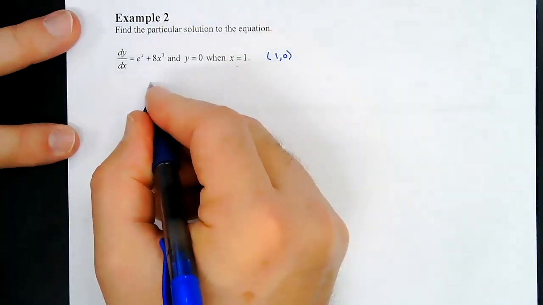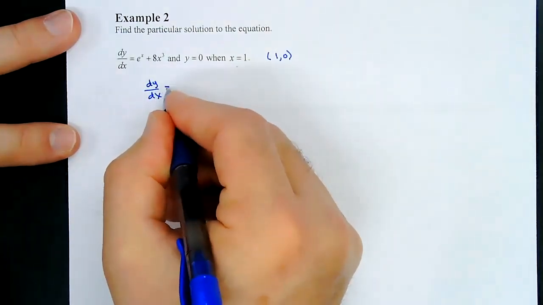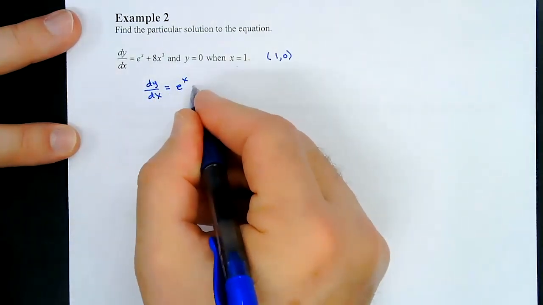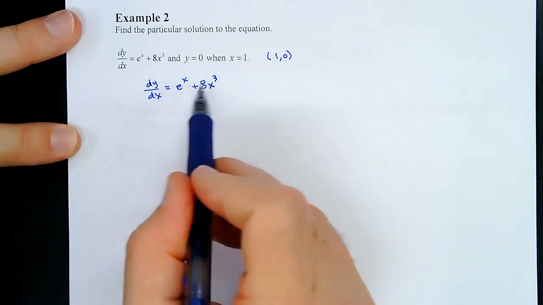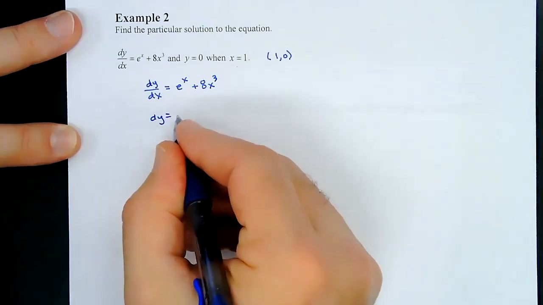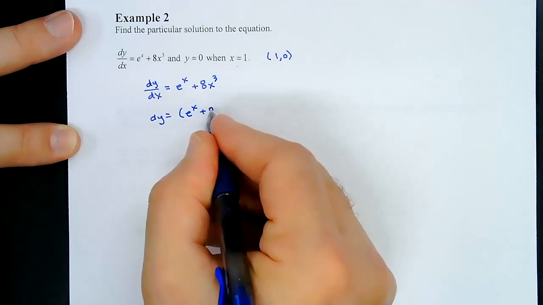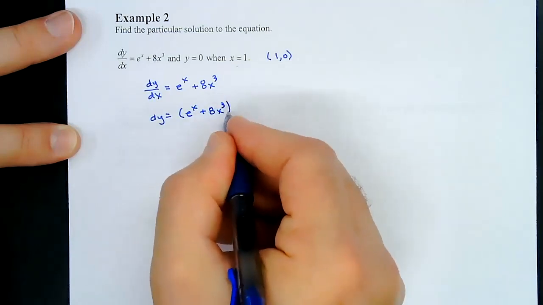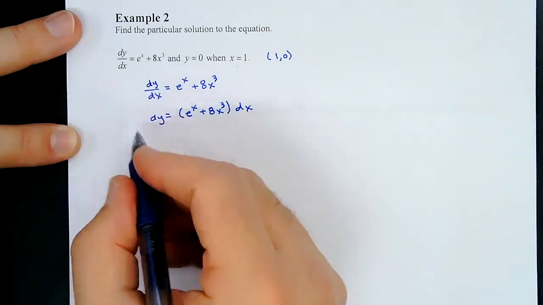Once again, we have dy over dx is equal to e to the x plus 8x cubed. We're going to multiply both sides of this equation by this dx, and we get dy is equal to, in parentheses, e to the x plus 8x cubed, dx. Then we're going to undo this by integrating both sides.